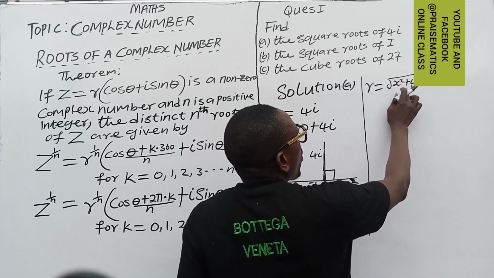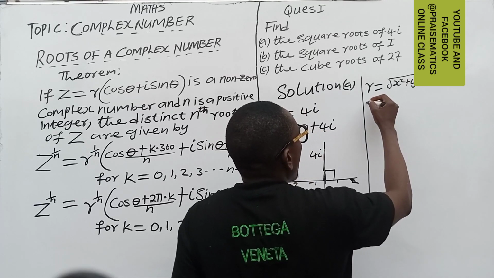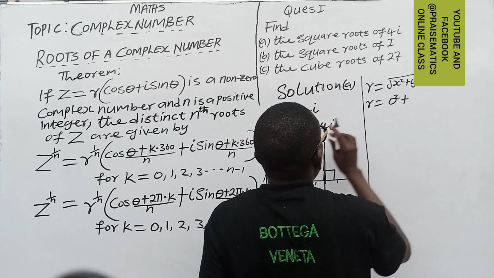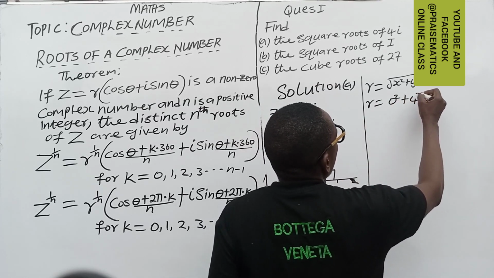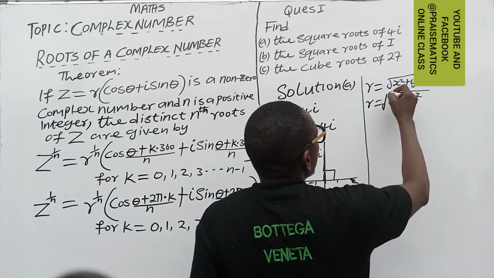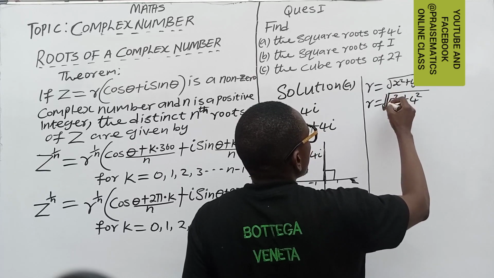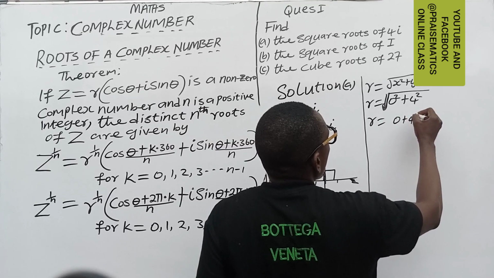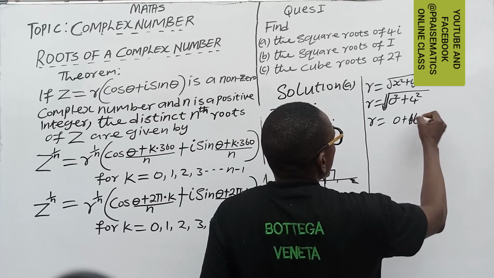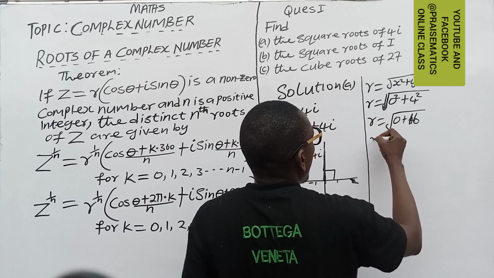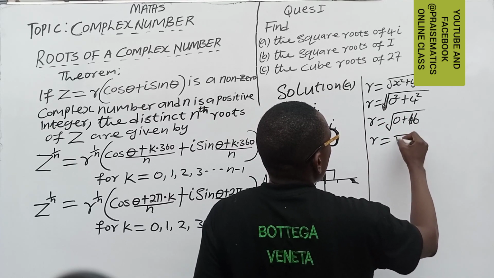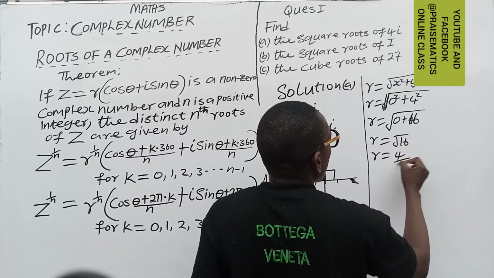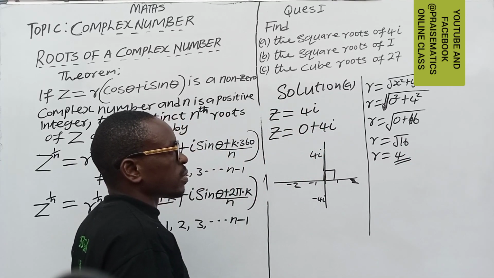So r is equal to the square root of 0 plus 16, which is the square root of 16. So our r is equal to 4. That is how to get it.